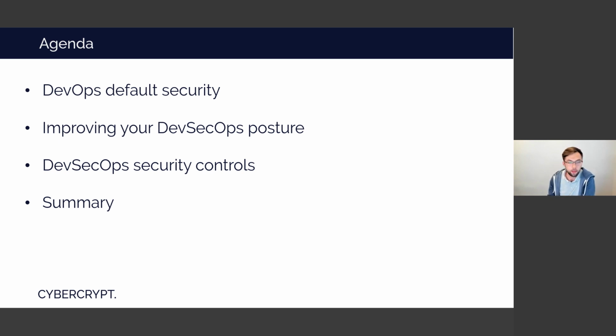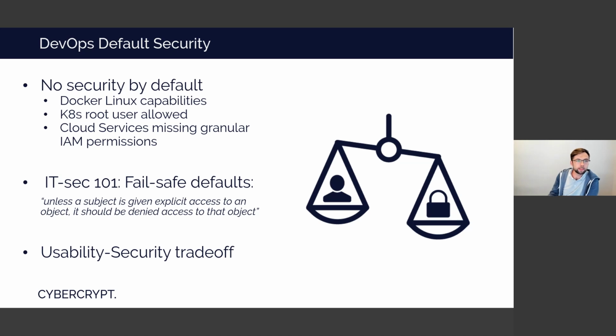So let's have a look at some of the default security controls that exist in many of these cloud-native technologies, such as Docker and Kubernetes, for instance, and actually the lack of security in there. That's my main point: many of these technologies are easy to use by default, and they're designed in a way such that it's easy to get up and running.